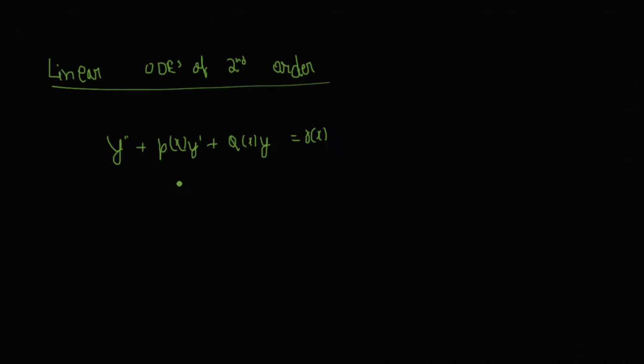So any ODE which can be written in this format is called an ODE of second order which is linear. So it is a linear ODE of second order. Call it equation 1.